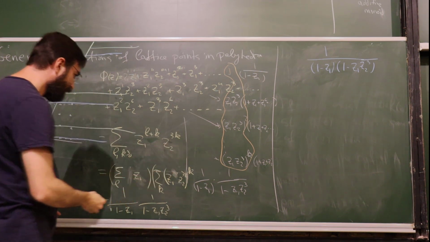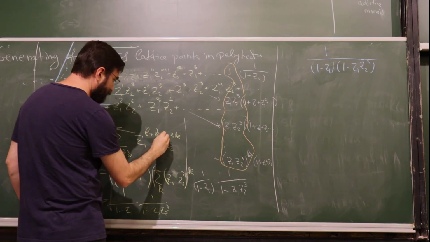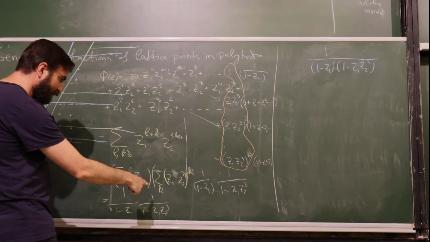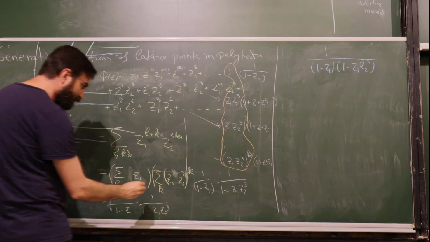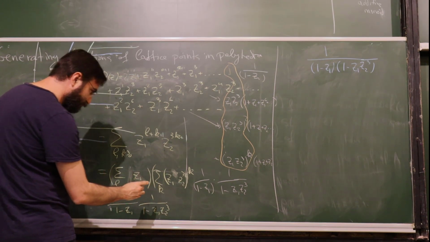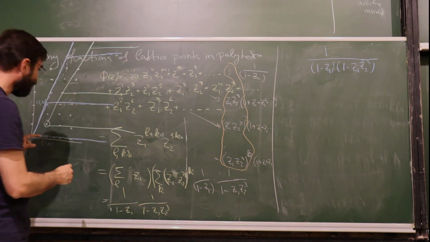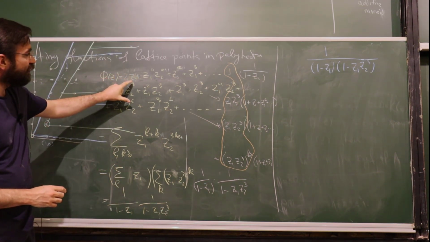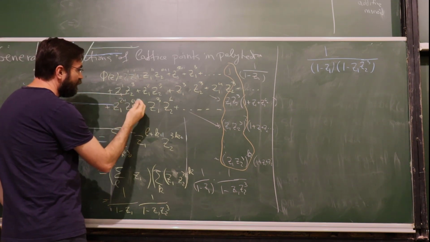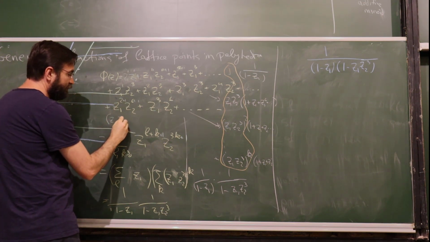In general, let me do it here. Right? So actually, I can do it here. How would it happen? What we can do here is pull out Z1, Z2.